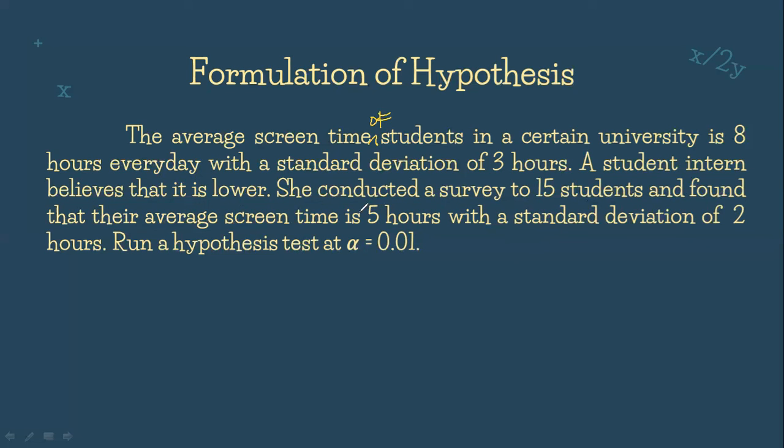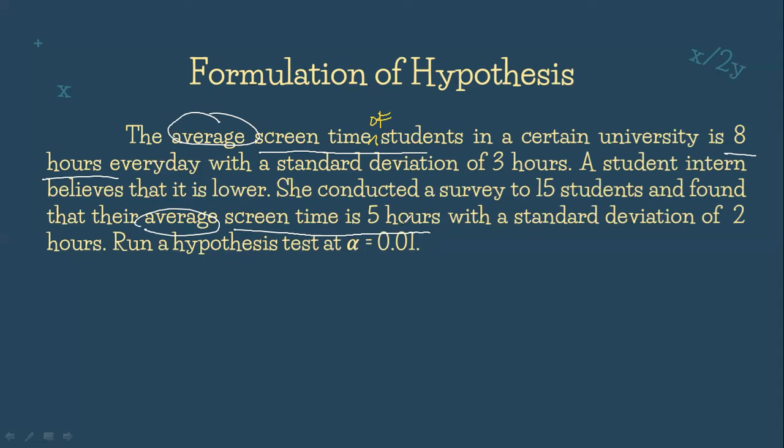So now, my dear students, again, hahanapin po natin yung may word na average or mean. So meron po tayo dito na average, and we have here also average. Pero alin daw po dito sa dalawa? Kasi pareho naman po silang average screen time, of 5 hours, pero ito naman po, average screen time of 8 hours. And again, it all boils down to where the data came from.